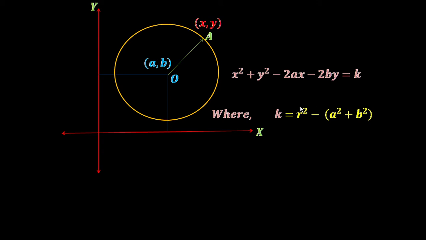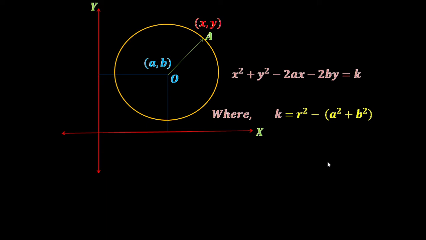Things to remember: k is nothing but the difference of the square of the radius and the sum of the squares of the coordinates of the center, where a and b are the coordinates of the center. So r square minus (a square plus b square) is k.